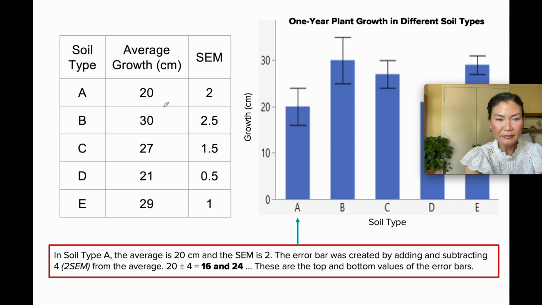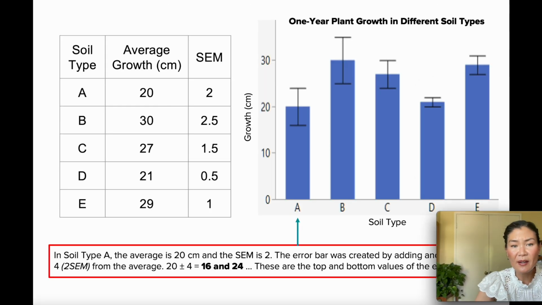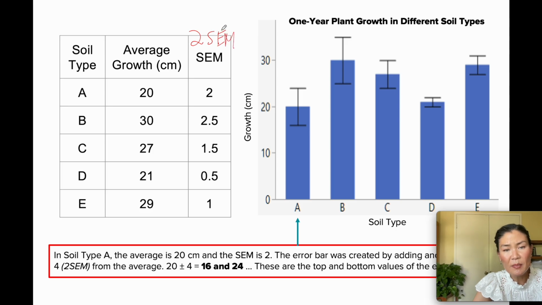If we're given a table where it says SEM, we need to multiply the SEM by 2, because when we graph it, we have to graph the 2 SEM. 2 SEM is equal to what we call the 95% confidence interval, CI. And what that means is that we are confident that the actual mean, the real mean, is somewhere in that range.